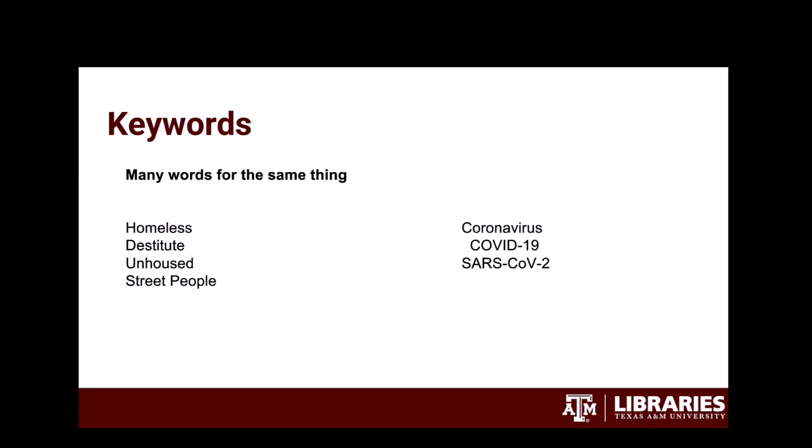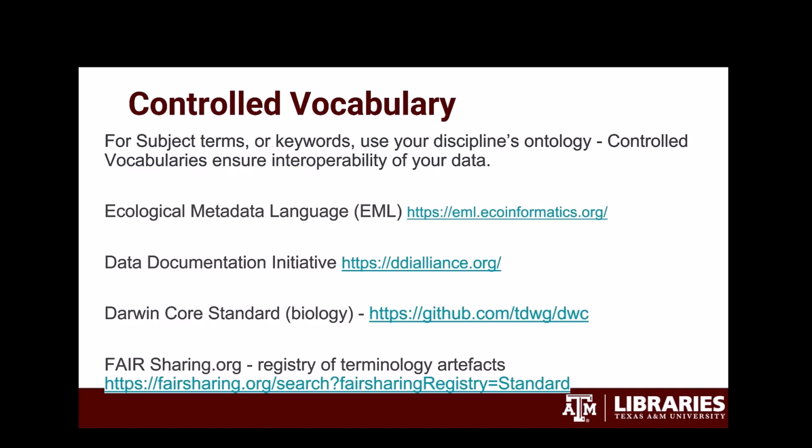A major metadata field is keywords. Keywords should be the main topic or subject of your data. But remember that there are often many words for the same thing, and someone searching for COVID-19 may not find your data if you only have the keyword coronavirus. Some disciplines have their own controlled vocabulary.